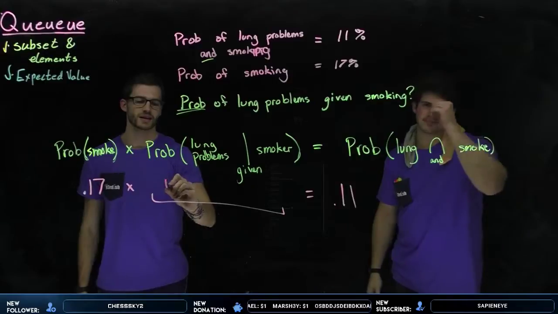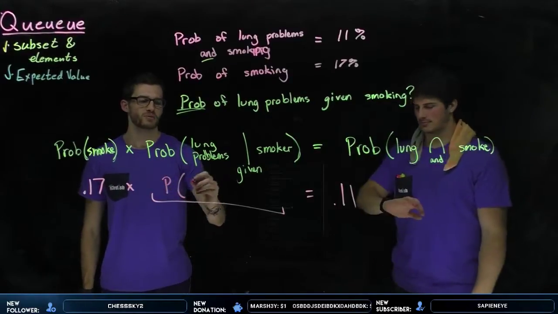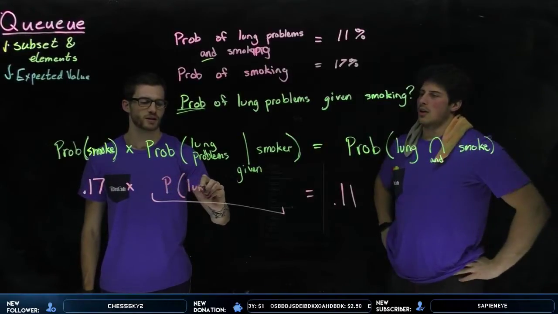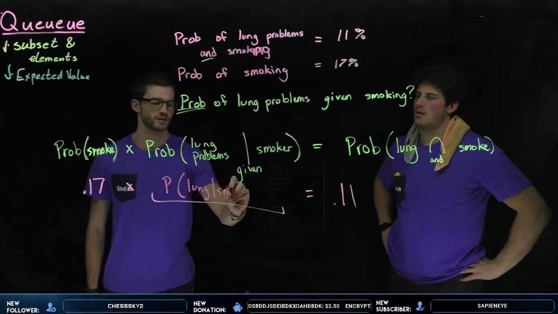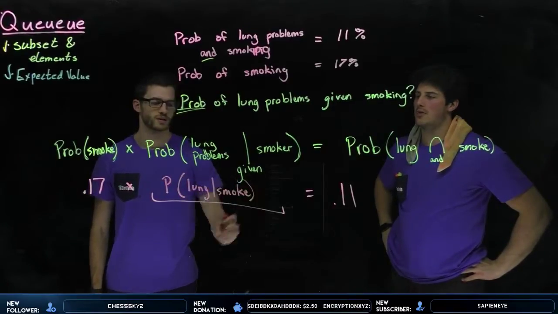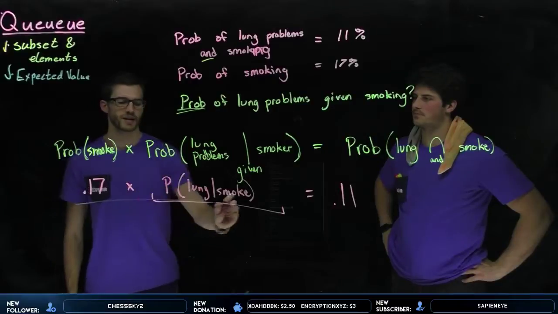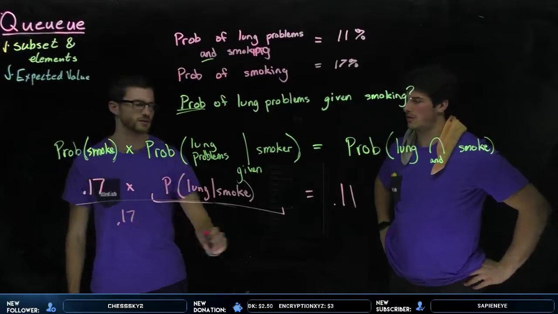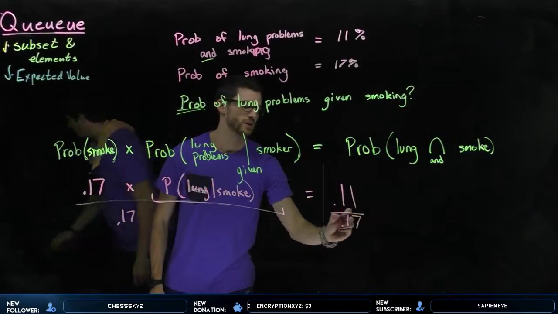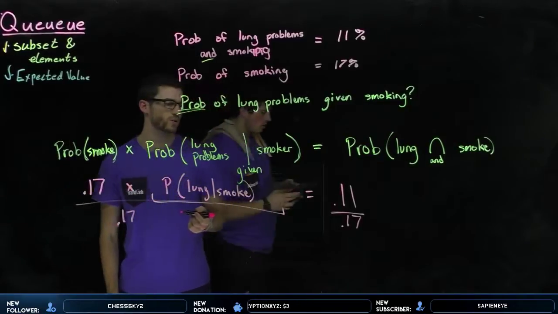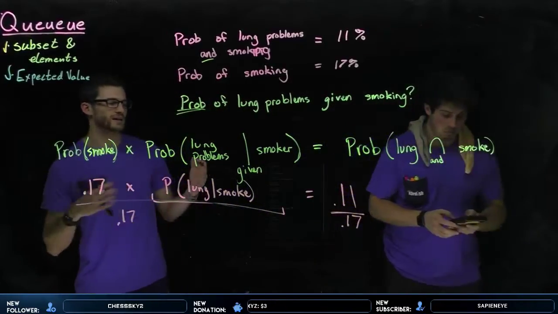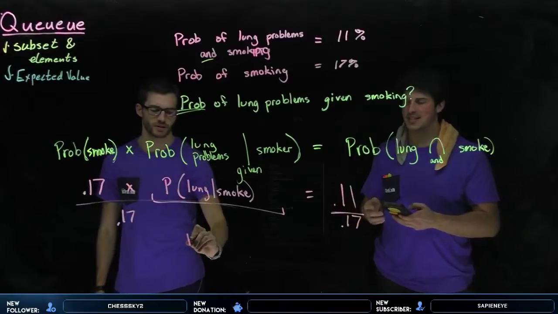So this thing, I'm going to abbreviate it more: probability of lung given smoke. I mean, you don't have lungs if you smoke. And now we're going to divide both sides by 0.17. Let me grab a calculator. 0.11 divided by 0.17 is going to be a little more than half, whatever it is. 64.7%.